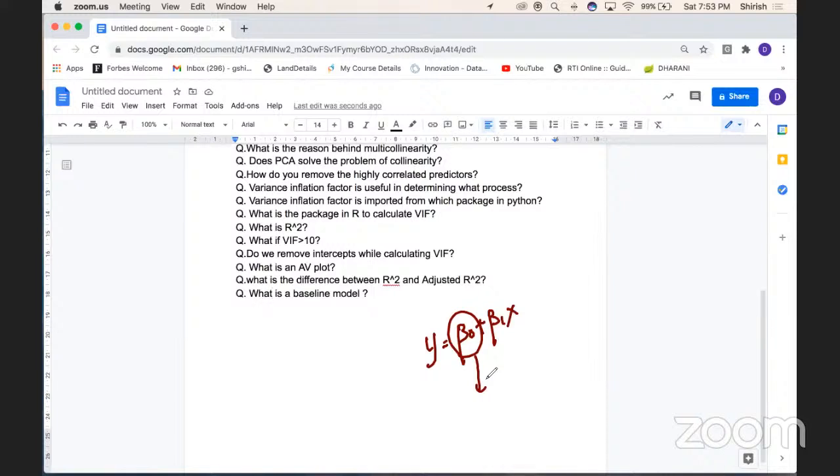Intercept. Okay, in this context, for a baseline model. Yes, okay. Beta naught is nothing but your base estimation.